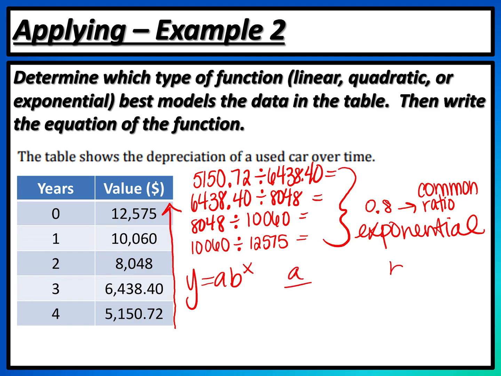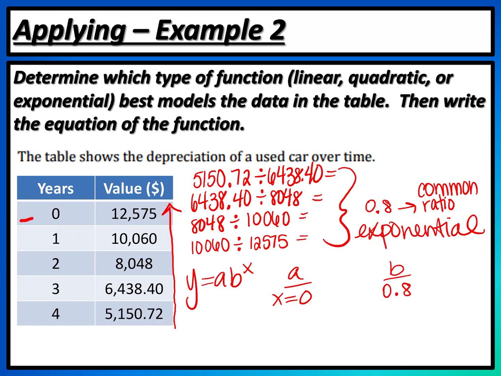So I need an a and a b in order to write the equation. The b is my common ratio that I just solved for, 0.8, and the a value is going to happen when x equals 0.